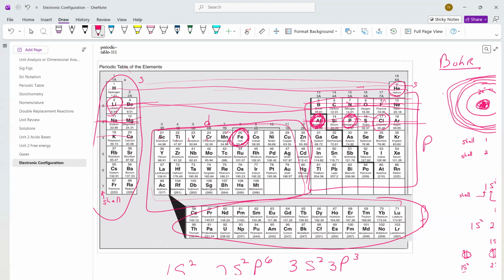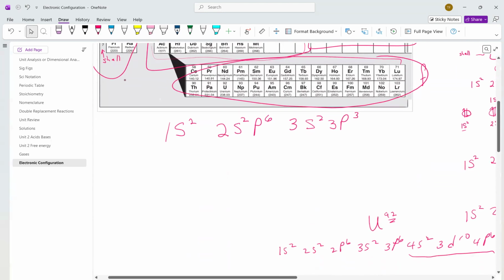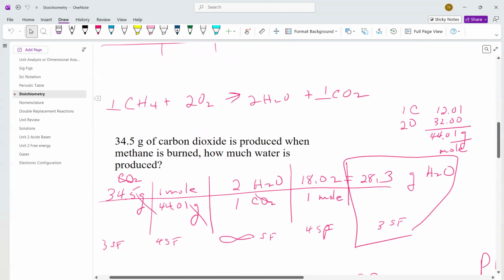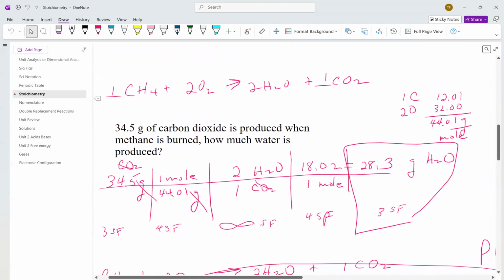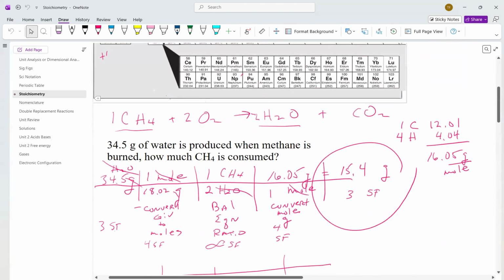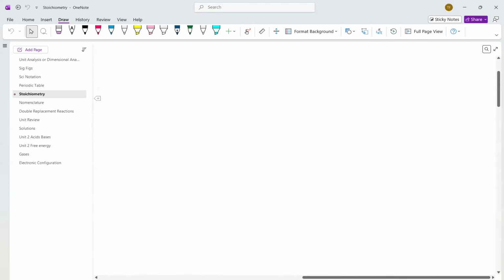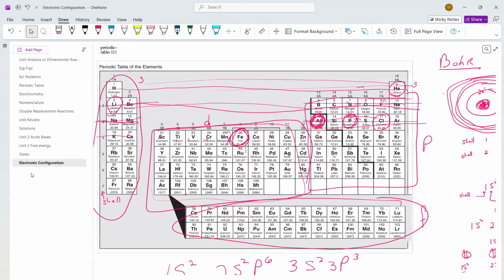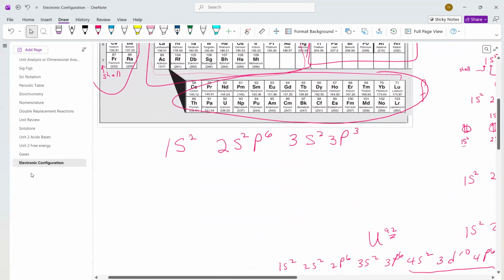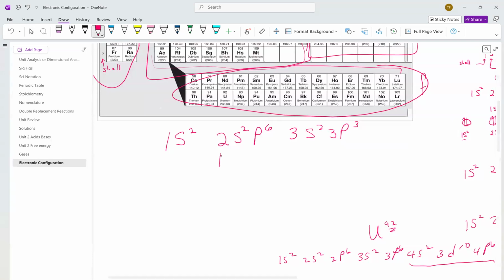Okay, so let's look at the configuration for iron, and let's see what options we have for iron.